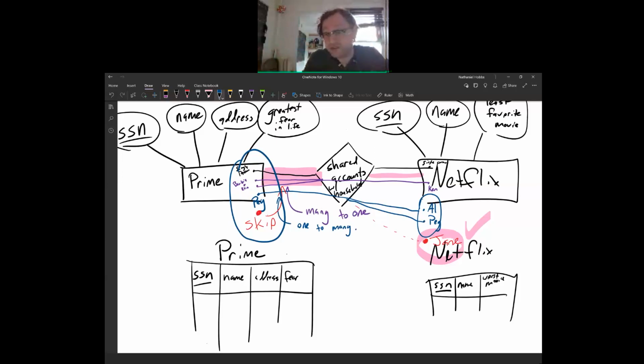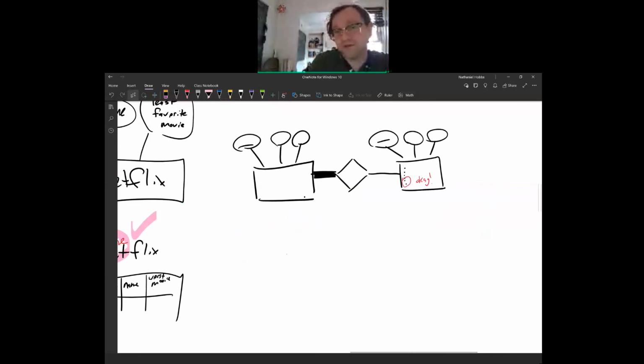So that difference, and for whatever reason, it's because it's how I feel, it's what I want, then the way that you can capture that in a diagram is like this, where you say, okay, so here, only people, like they have to have a Prime account.